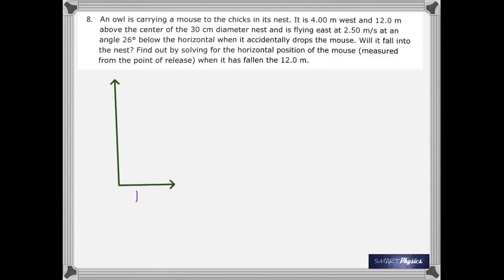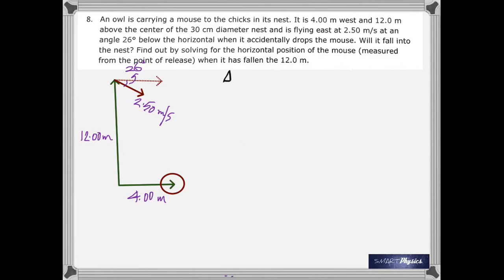So that is 4 meters to the west and 12 meter above. And that's how it's flying, 2.5 meter per second at an angle 26 degrees below the horizontal. And the nest is here, a circular nest with a diameter of 30 centimeters.